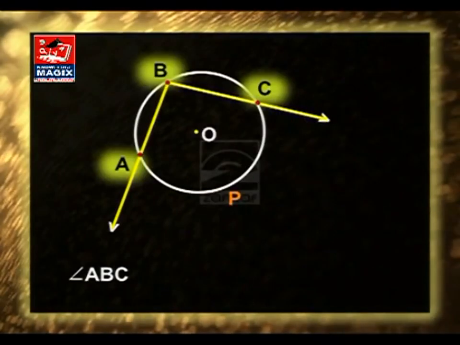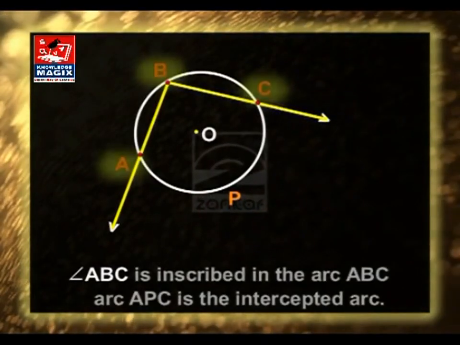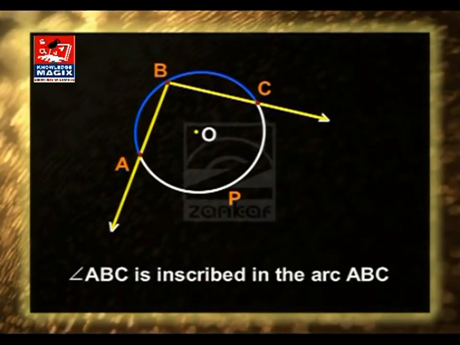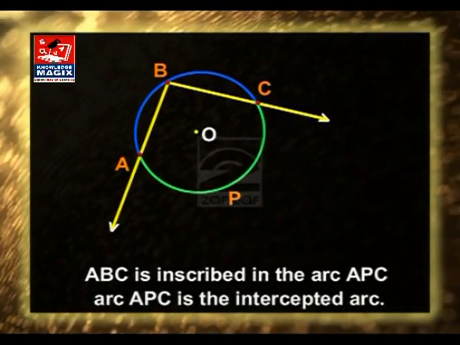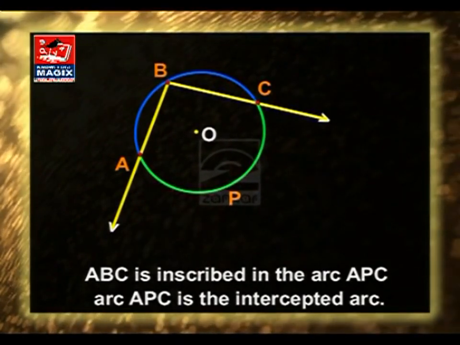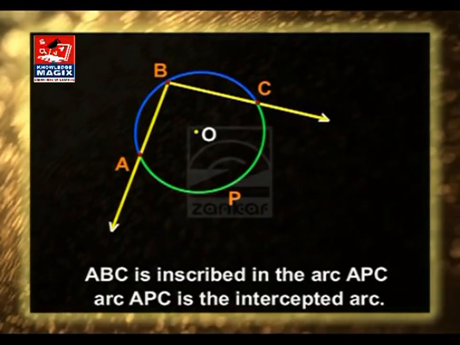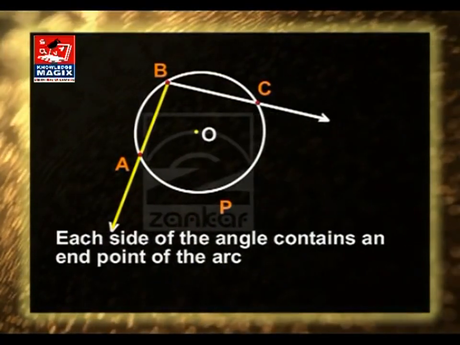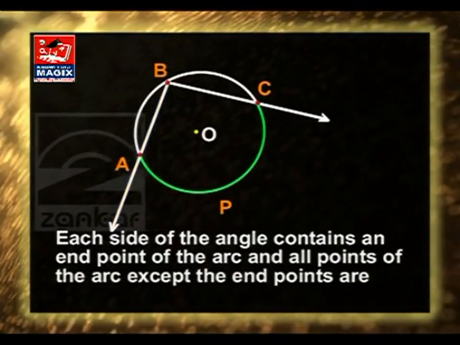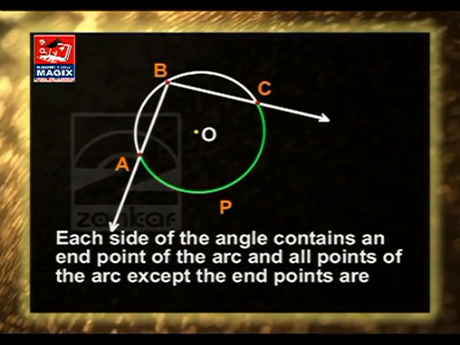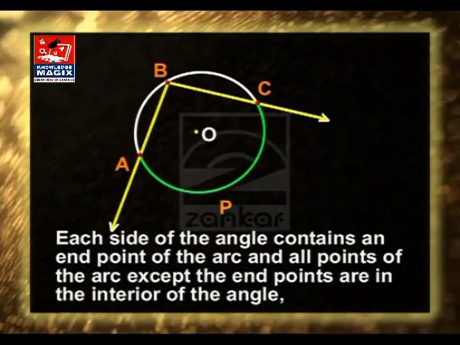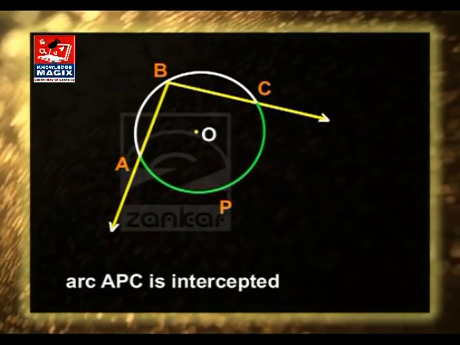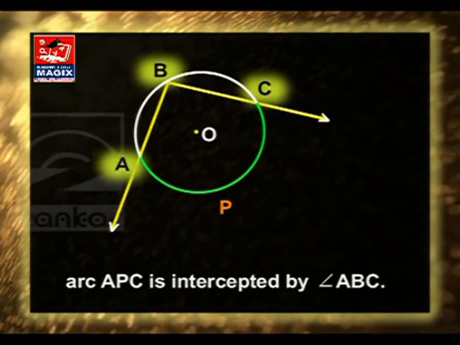So here angle ABC is inscribed in the arc ABC and arc APC is the intercepted arc because each side of the angle contains an end point of the arc and all points of the arc except the end points are in the interior of the angle. So arc APC is intercepted by angle ABC.